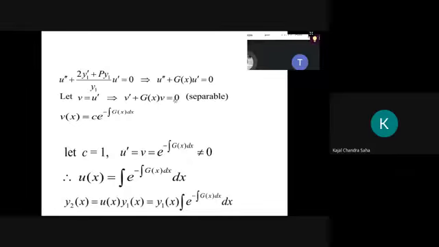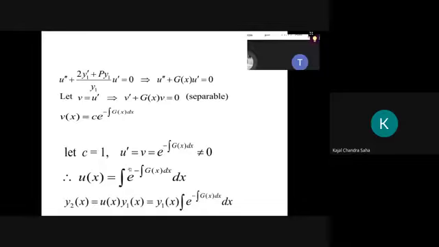Then it is easily solved by separation of variables, which we learned first in our courses. Then we get the result v of x equal to c e to the power minus the integral of g of x dx, where c is an arbitrary constant. We consider c equal to 1. But we have to find the value of u, and the relation between u and v is v equal to u prime.